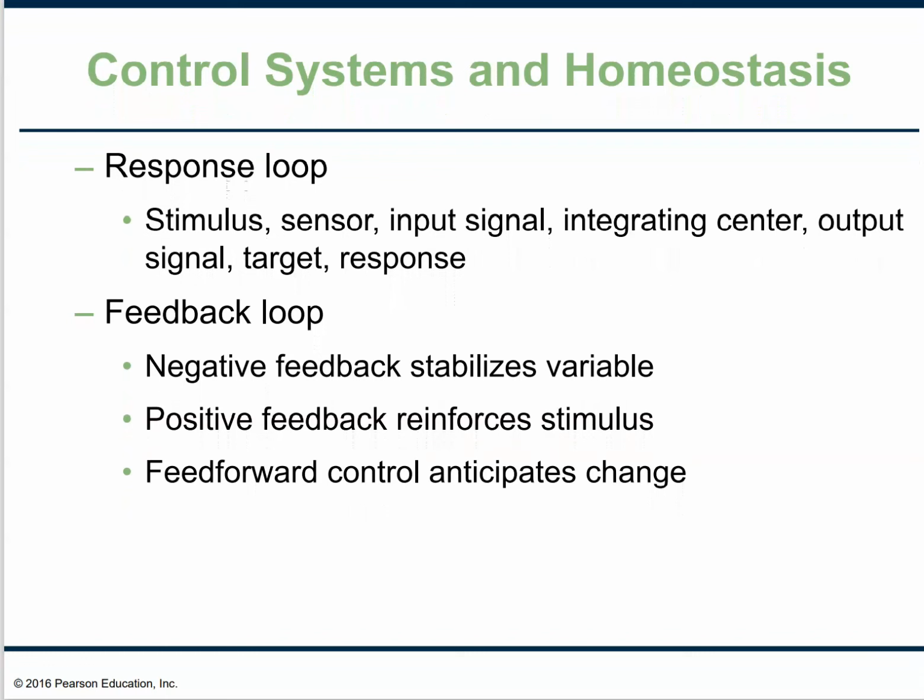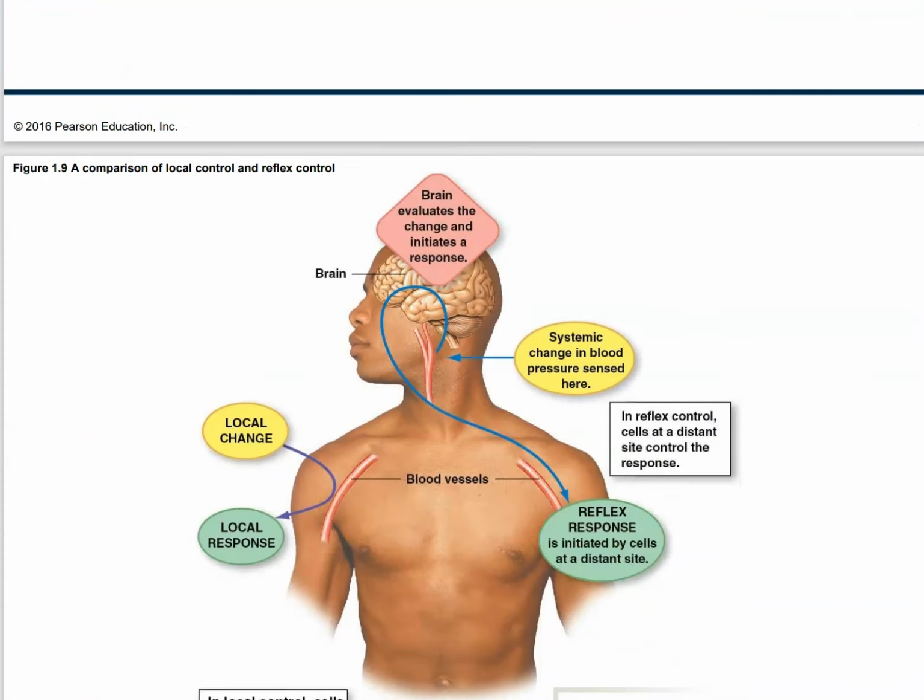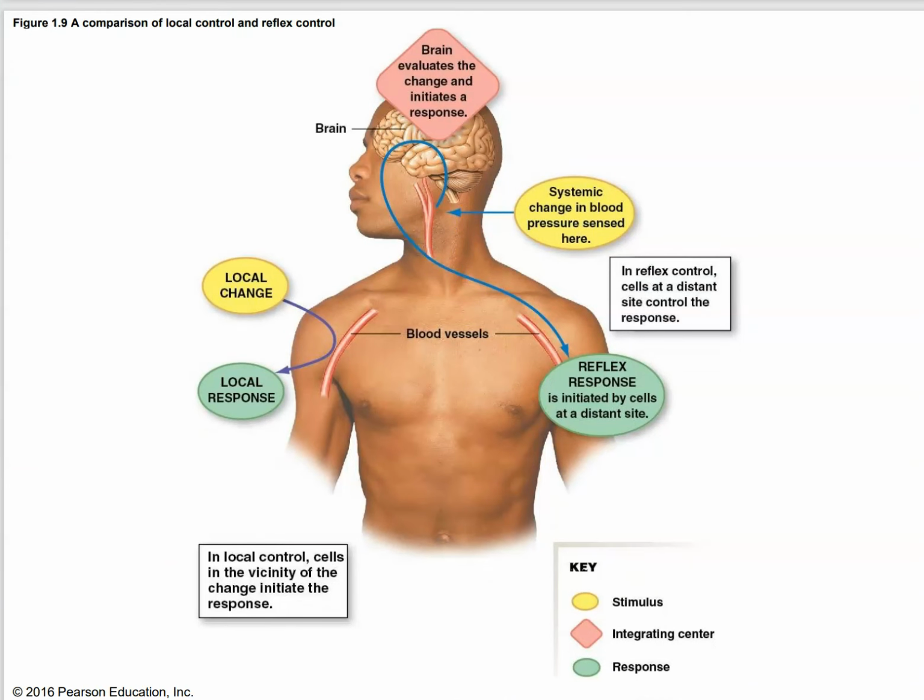If you want to be in homeostasis, you need to have what's called a negative feedback loop. It stabilizes you. It keeps you in homeostasis. Positive feedback loops, on the other hand, will get you outside of homeostasis. So let's take a look at how this works. Here would be a control system.